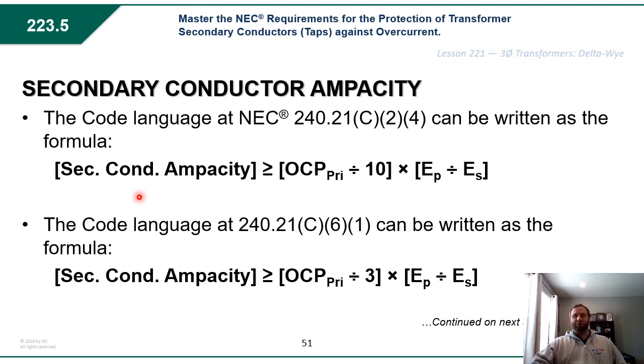And if it's serving a 200 amp load, then I need to have at least a 200 amp wire on that secondary. Even though this said it could be 60 amp, the load demands it be 200 amp. I always go with the greater of the two. So calculate your load and then calculate your minimum ampacity using these two formulas. Compare the two and go with the greater.